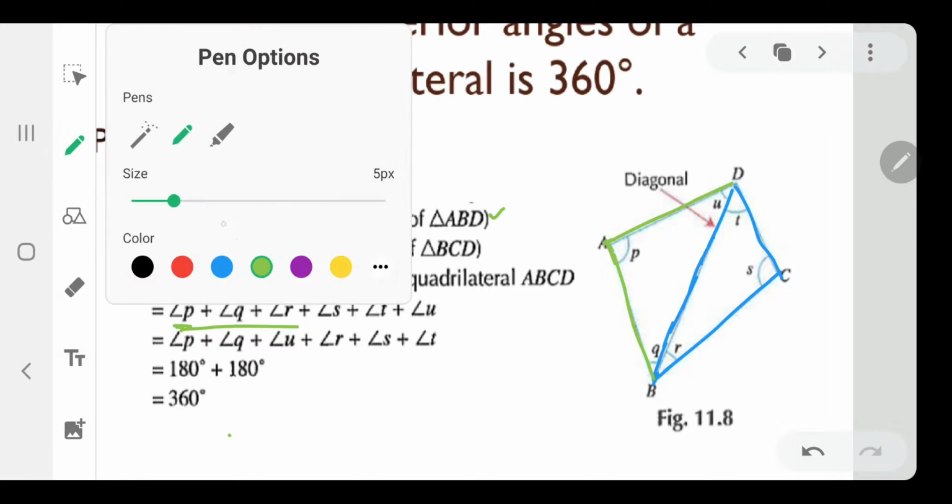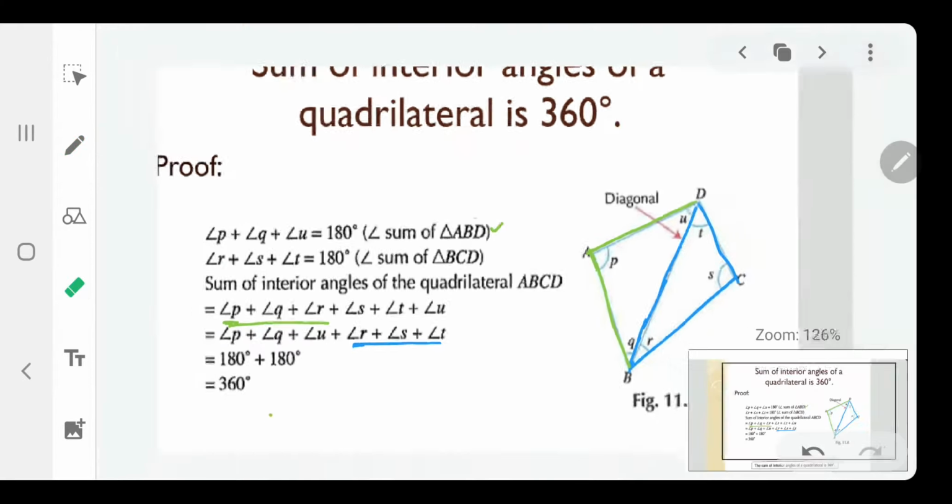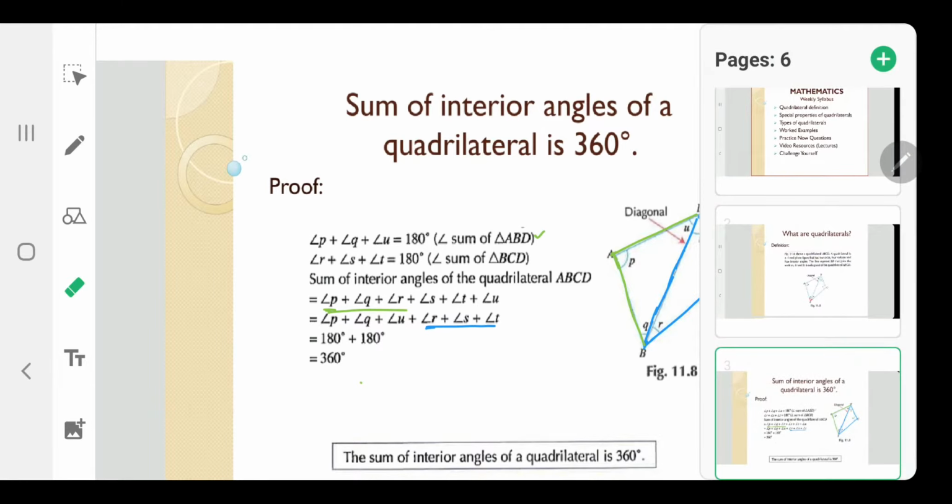And similarly, all three angles, angle R, angle S and angle T, are part of this triangle, so their sum is also equal to 180 degrees. When we add 180 degrees and 180 degrees, we get 360. From this proof, we can say that the sum of interior angles of a quadrilateral is 360 degrees, right?